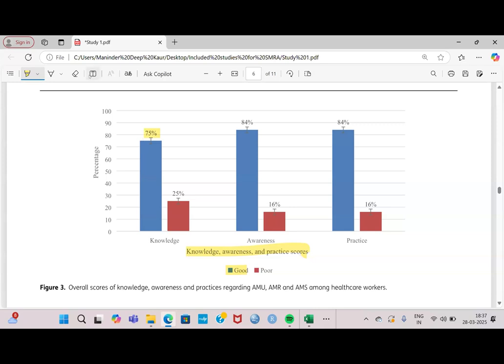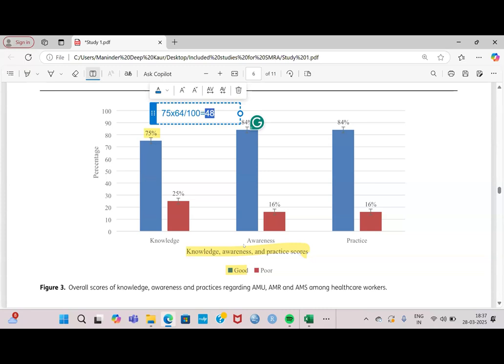So how can I convert that percentage into a number? I have to put in the formula: 75 into 64, the total sample size, divided by 100. So it will come around 48. You can calculate along with me. So that is the number.